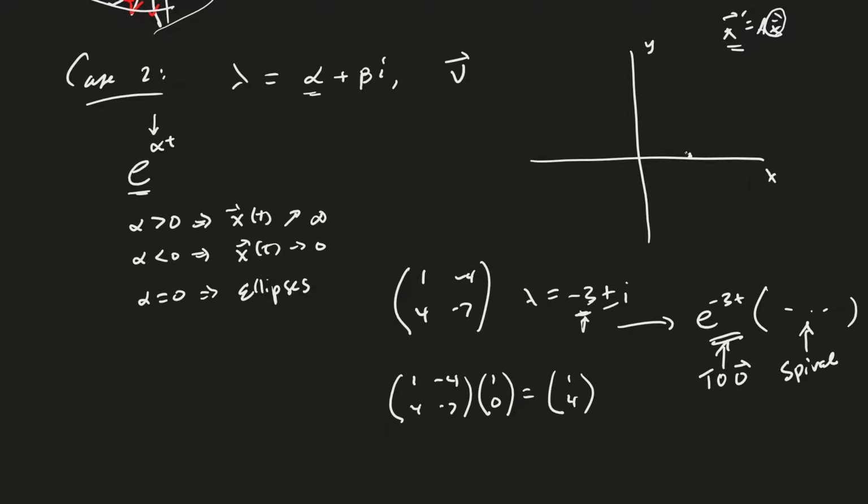Okay, so that means that the direction of travel from this point is going to be in the direction (1, 4), which is over here. And so, do you see where we're going? We're heading in that direction. So therefore, the direction of our spiral is going to be counterclockwise, right? Counterclockwise.